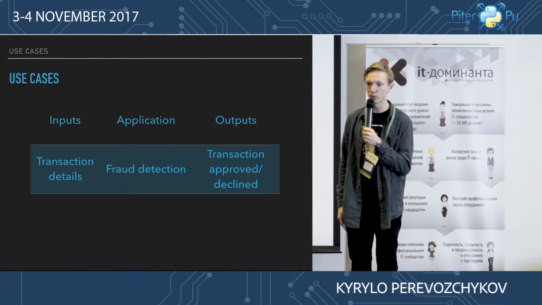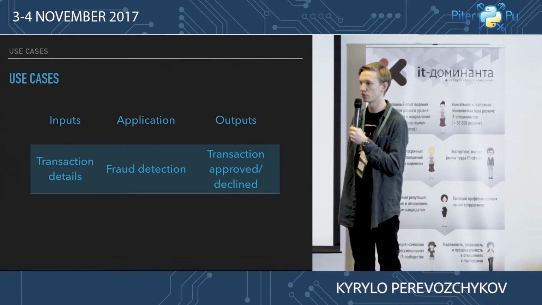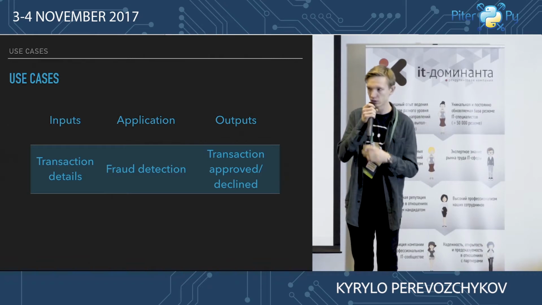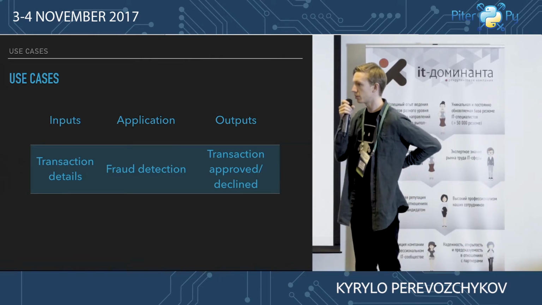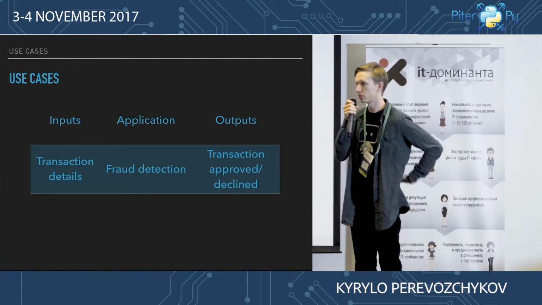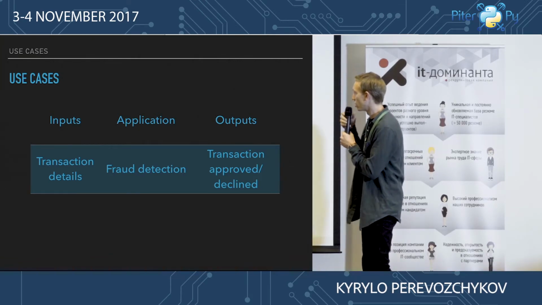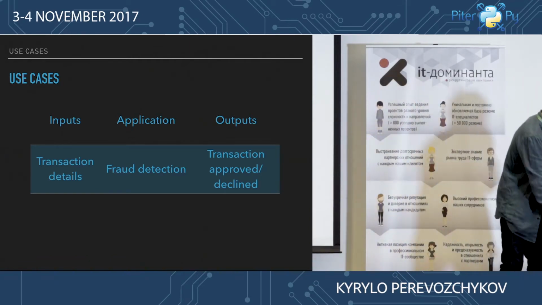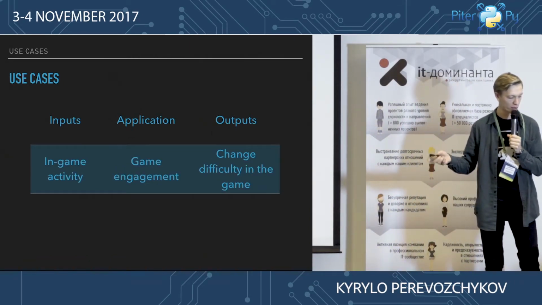I don't know about all the banks, but the top ranking banks always apply fraud detection measures, and all the parameters are processed, and based on it a model is built, and the output here is a good, that is to say, approved transaction or declined transaction.